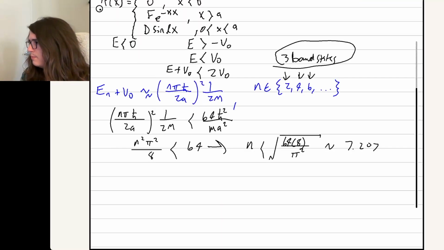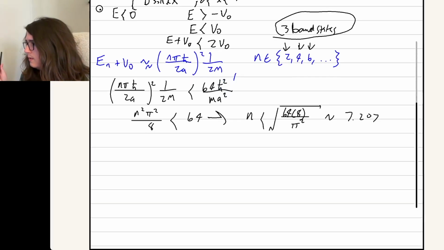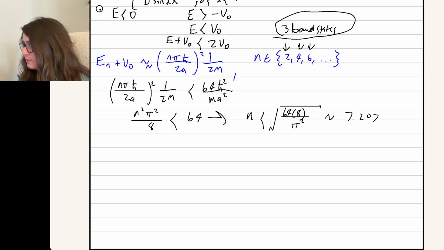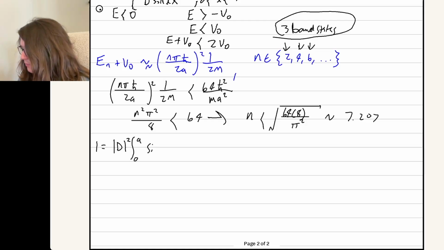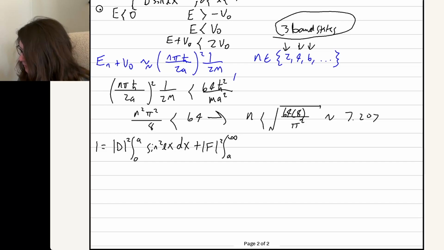Now I have to do the probability thing. First of all, we need to normalize it. We didn't do that in problem 29. So we'll have 1 on the left-hand side, and on the right-hand side we have the mod squared of the wave function, which, since we have two regions, we have to write as the integral in a couple of different regions. The first is mod d squared integral of sine squared lx dx, plus mod f squared integral from a to infinity of e to the minus 2 kappa x dx.